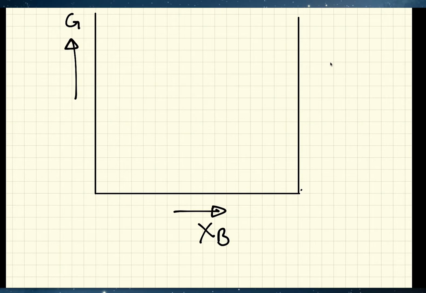This is the same idea, in which on this side I have x sub b, and on this side I have a representation of G, but I now have two curves: one for the liquid, let's say, and the other one for the solid.